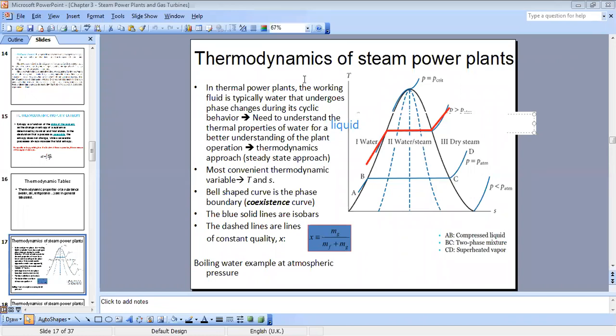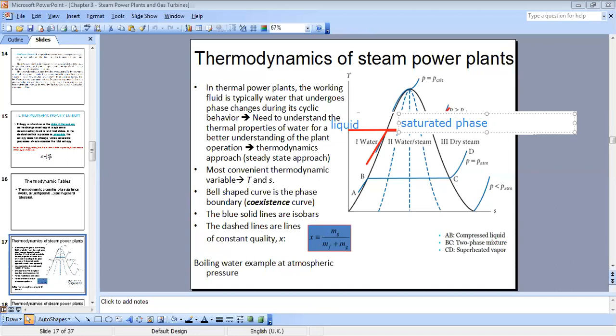What do I mean by saturated pressure? For a certain temperature, let's say this is the saturated pressure. So for this pressure, I have this temperature corresponding to the saturated line. So as you can see, for this line we have the saturated phase.